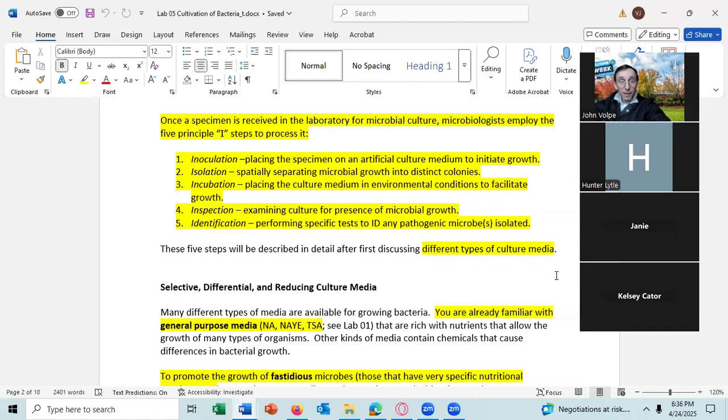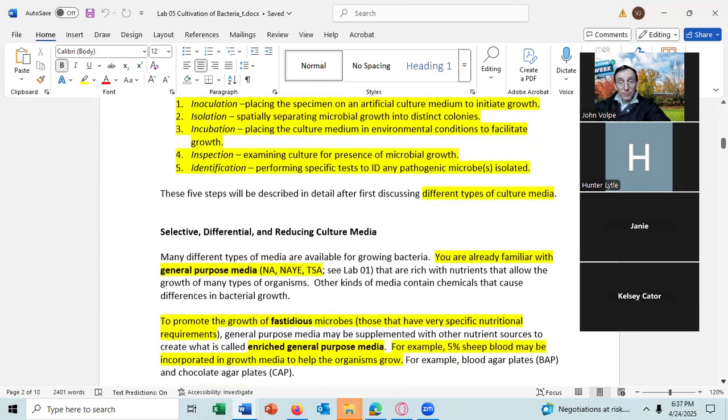Four, inspection: upon examining the culture for the presence of microbial growth, you may need to subculture it to get it isolated. And five, identification, that is performing specific tests to ID any pathogenic microbe that may be isolated. These 5 steps will be described using different types of culture media.